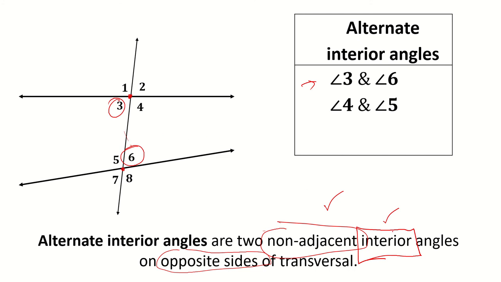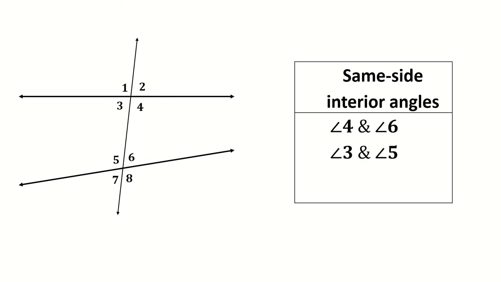So, interior angles. Then they must be on opposite sides. Angle 3 is on the left, angle 6 is on the right. So that makes alternate interior angles.